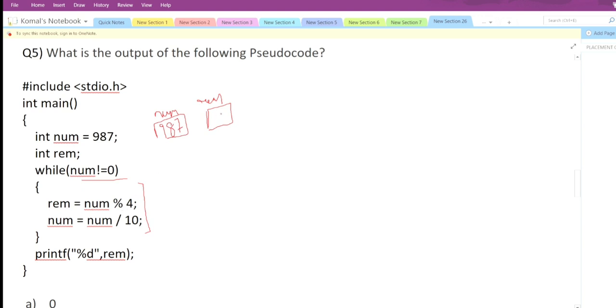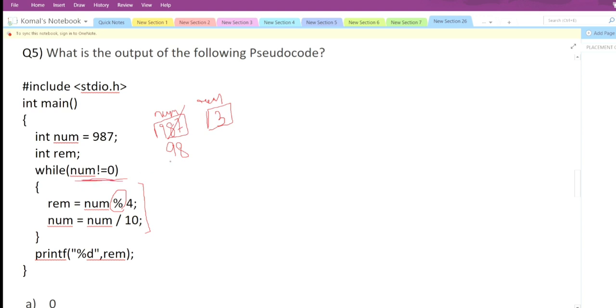So in this rem, they are storing num mod 4. Mod means remainder. So when we will divide 987 by 4, the remainder will be 3. Now what it is doing, num is equals to num divided by 10. When you divide 987 by 10, then the value for the num will be 98 in that case.